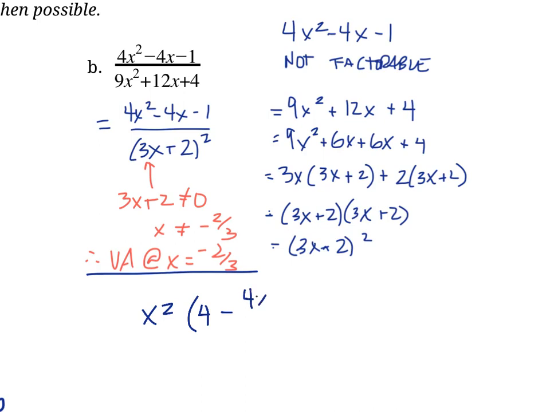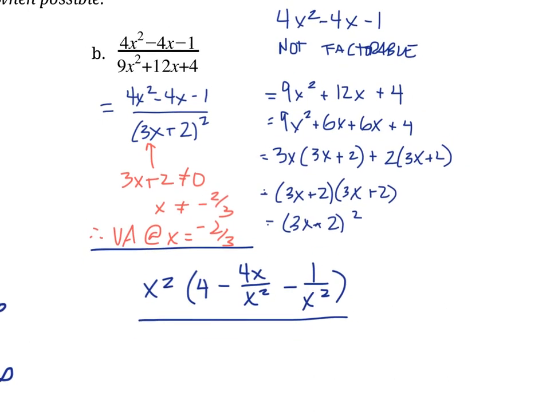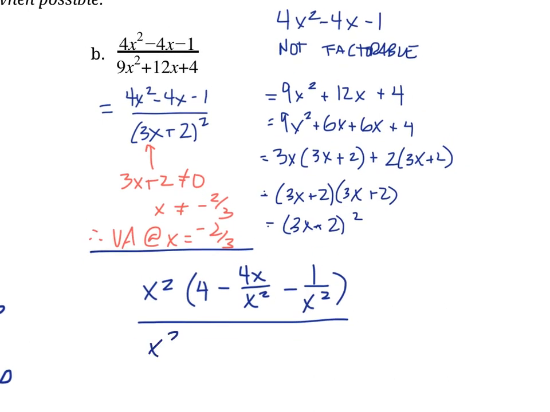So it's like saying 4x over x squared minus 1 over x squared. That's how you would factor that numerator if we factored out the highest term. You're just dividing each term by x squared, essentially. And the same thing in the denominator, x squared, and then what's left is 9 minus 12x over x squared plus 4 over x squared.